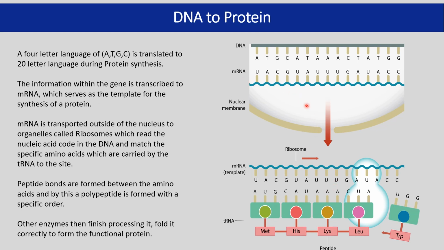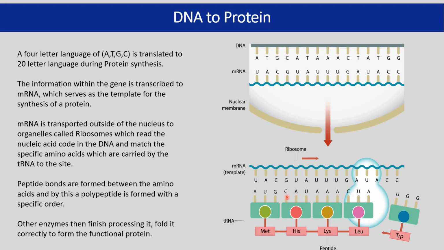Once the mRNA is transported outside of the nucleus, there comes the role of the ribosome, which reads the nucleic acid code and matches the specific amino acid carried by the tRNA.